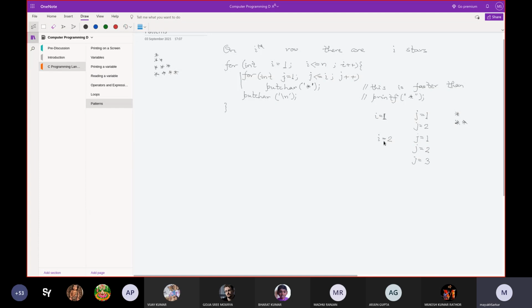So for i is equal to 2, this loop is going to run 2 times, and 2 stars are going to be printed. Then this inner for loop ends and the cursor comes here. Then the value of i becomes 3, and this inner for loop runs again 3 times. So 3 stars.